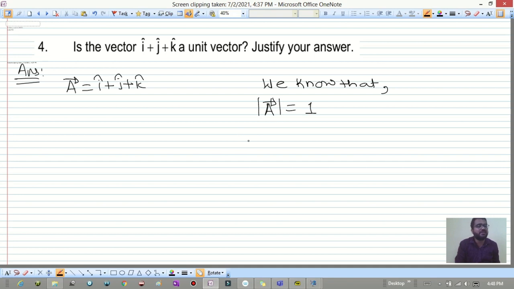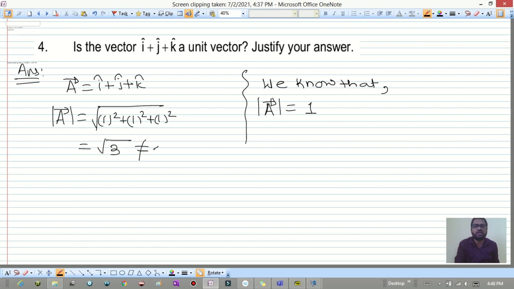If a bar is a unit vector, then its magnitude must be equal to 1. Let's check. The magnitude of a bar is equal to root of 1 squared plus 1 squared plus 1 squared, and as you can see, it is root 3, which is not equal to 1.